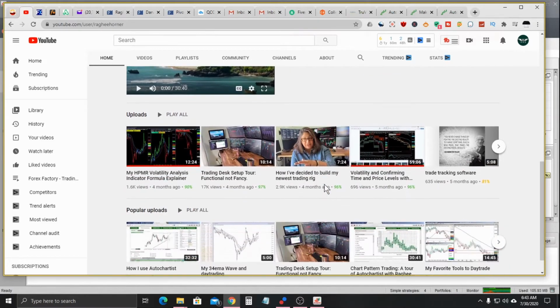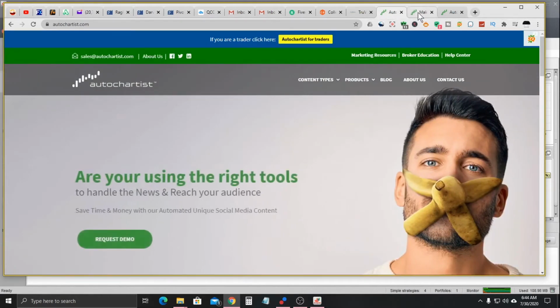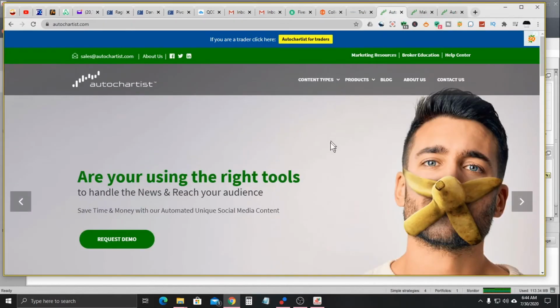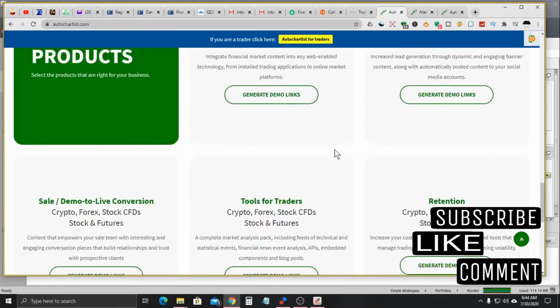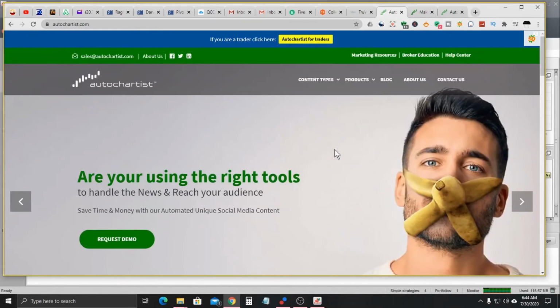But she uses Auto Chartist, and let me show you what it is. The Auto Chartist has a plugin for MetaTrader 4. I don't know if it'll help you with back testing, but it's a tool that will give you trade ideas, and I will go into that in another video.